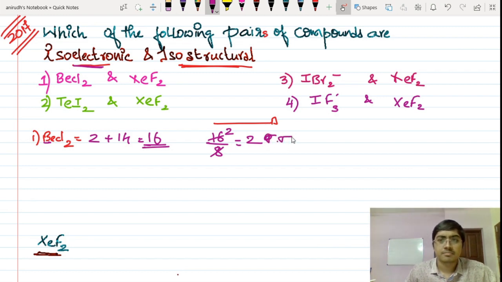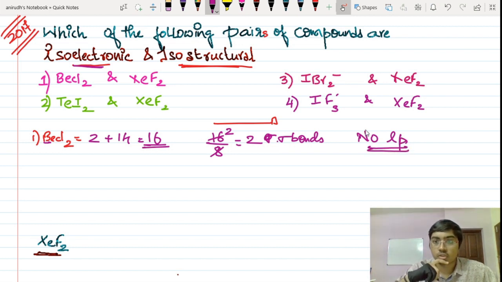And there are no LP, that is lone pairs of electrons, over here. So if there are only 2 sigma bonds, my hybridization is sp, right? My hybridization is sp, so obviously my geometry is linear.